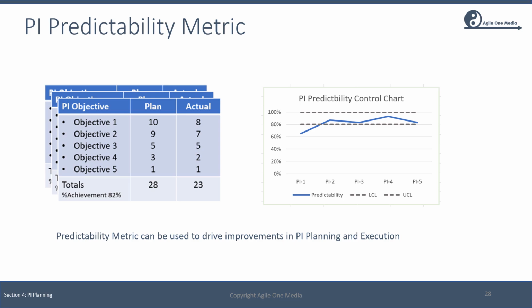So here we may use a variety of tools like fishbone diagrams, Pareto charts, 5 whys, and so on. And then we use this analysis to identify a set of improvements or corrective actions to be enacted in the next PI.